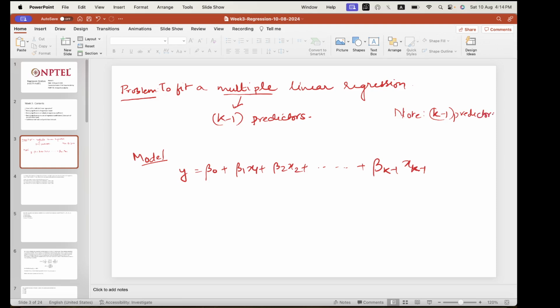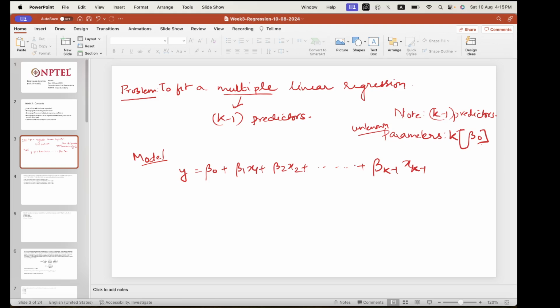But if we have to say parameters, then that would be k, because beta naught is also an unknown parameter. Alright, so be a little careful. K minus 1 is the number of predictors, and the total number of parameters including that intercept term will be k.